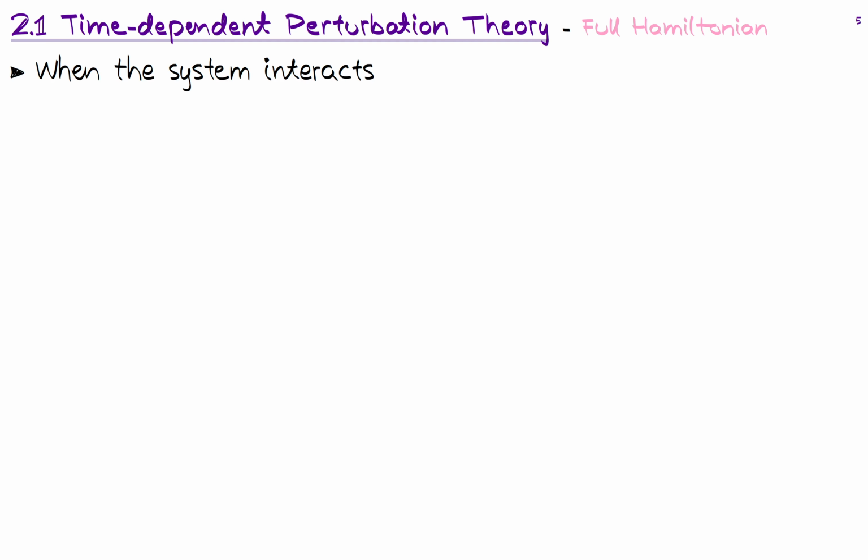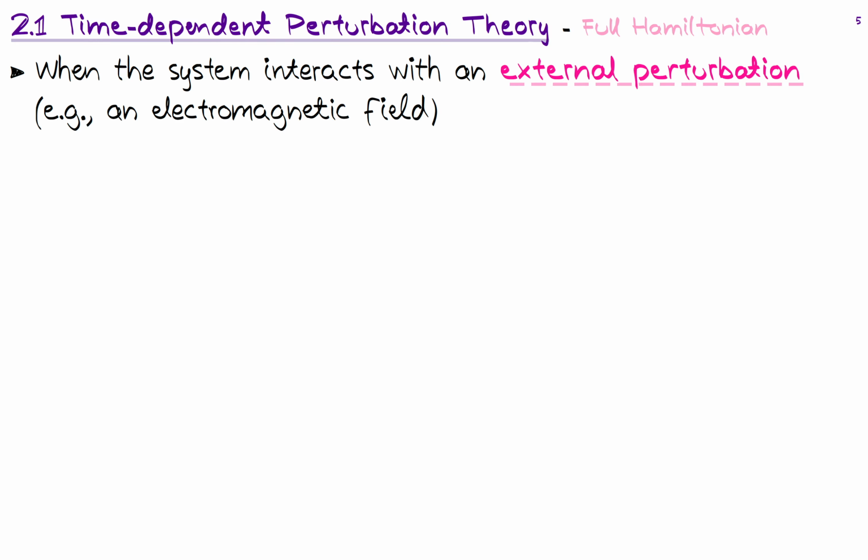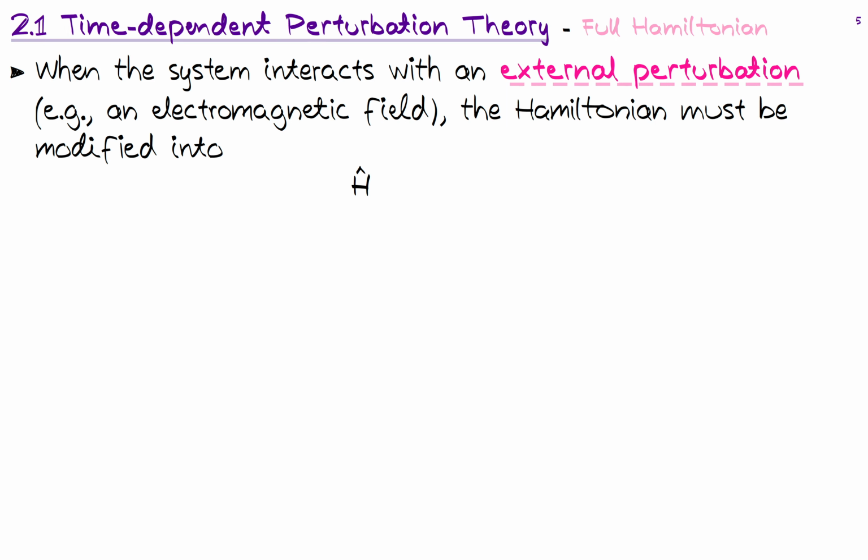Okay, and now we have the system interact with a field. So we have an external perturbation, and in our case that is the electromagnetic field incident on the system, and then we must change the Hamiltonian. We must modify that into the total Hamiltonian, which is the sum of the atomic Hamiltonian H naught plus the interaction Hamiltonian, describing the external perturbation of the system.